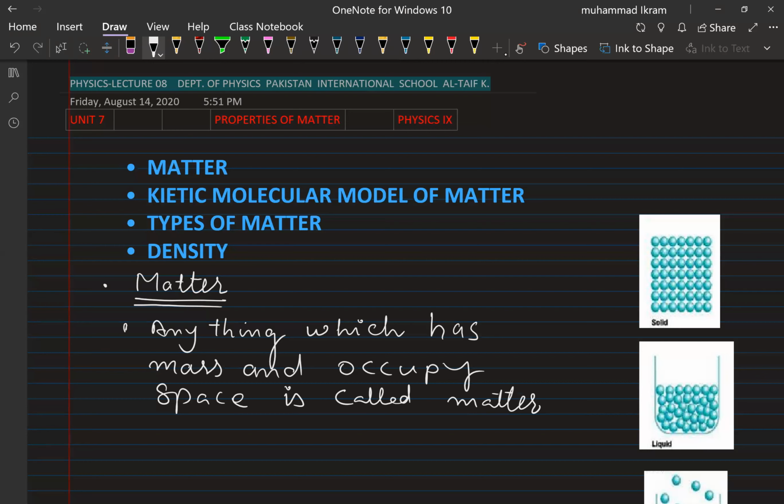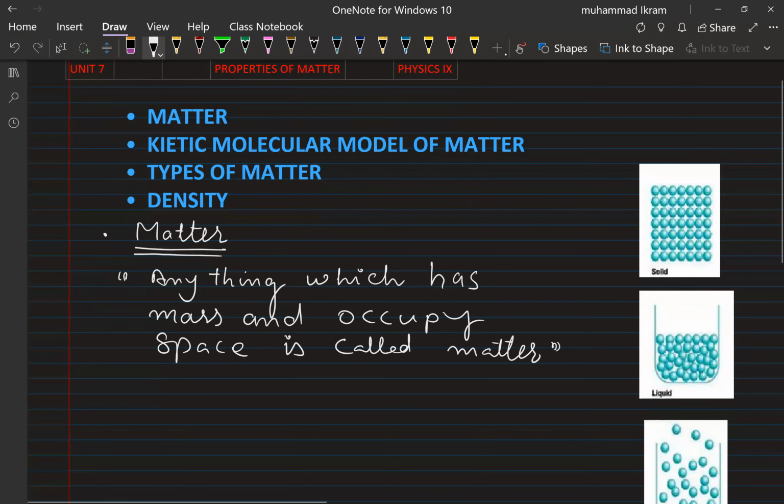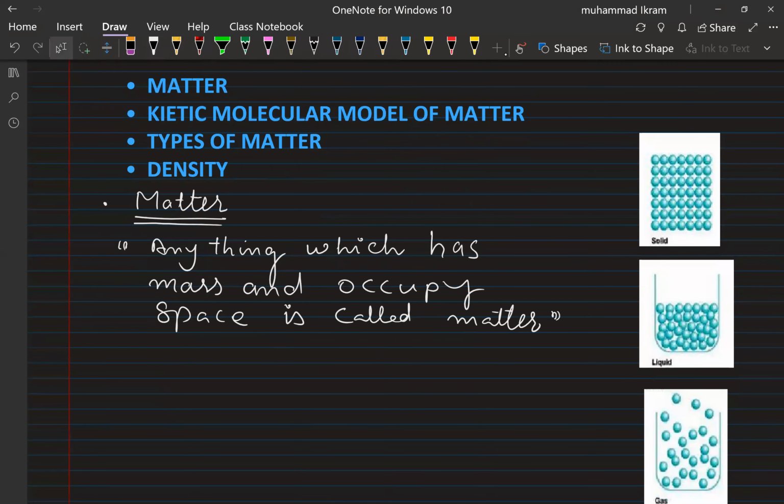So matter, from the speck of dust to the bodies as big as the astronomical or the heavenly bodies, they are all matter.